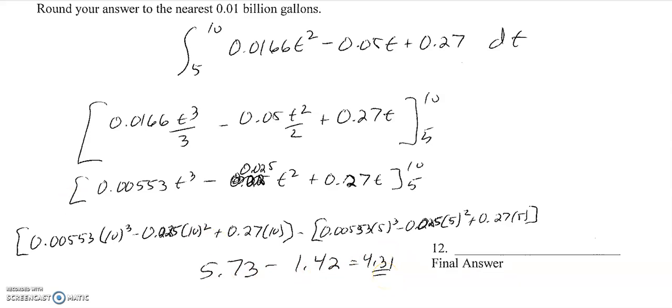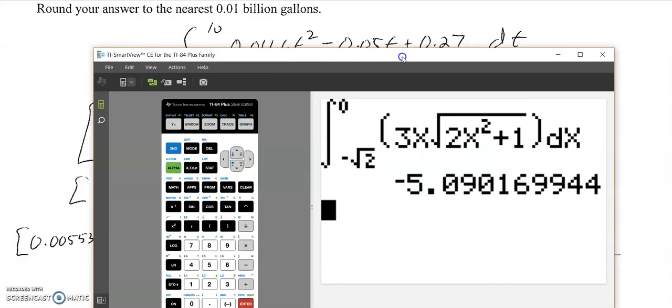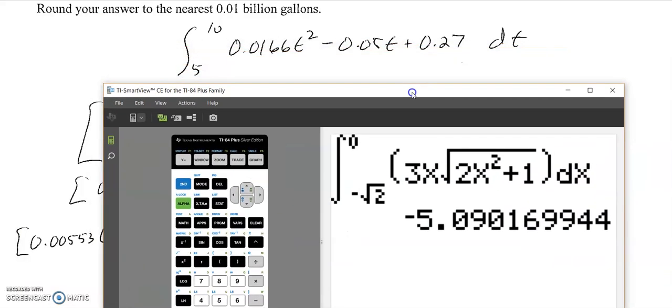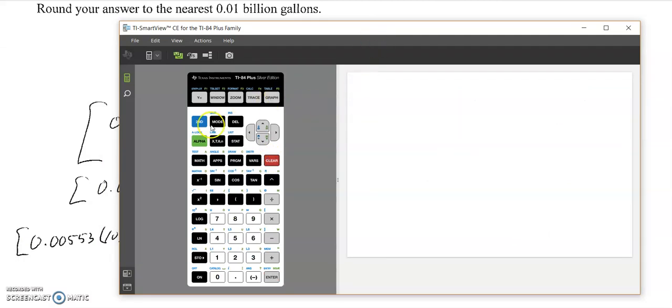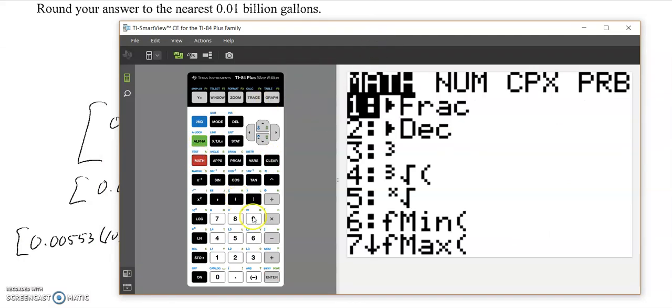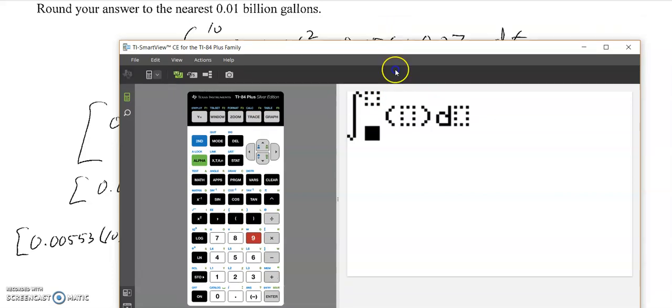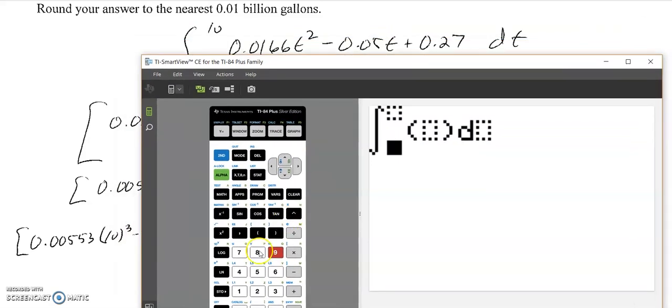Now again, because we have a definite integral with numbers, we can type this in the calculator. So I'm going to hit clear. I'm going to press Math 9. And this is going from 5 to 10.